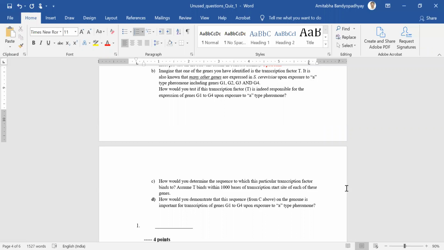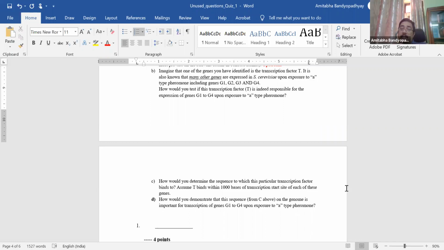So for this, we can do ChIP-seq as well as EMSA, and we can also do deletion analysis. Deletion analysis will not be useful. ChIP-seq or EMSA will be confirmatory of where it binds. Okay. But sir, why not deletion analysis?